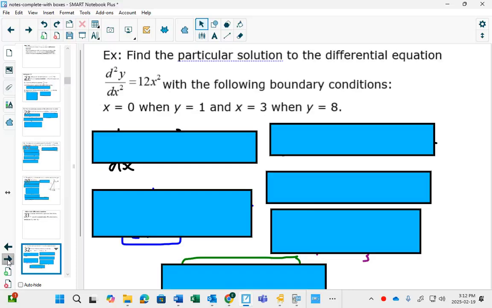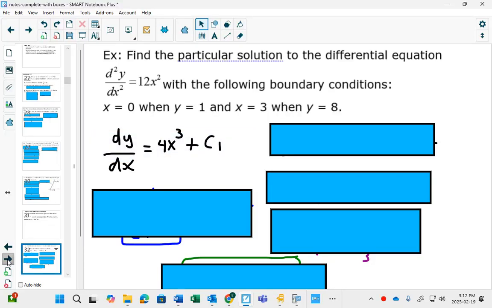So I've got the second derivative, and it says find the particular solution. So it wants to find y equals, and it gives us a bunch of boundary conditions. If I work back once, I find my derivative. And so I'm using the C1 here because it's the first C that I found. And sometimes the question will give you information that you could actually solve for C1 already.